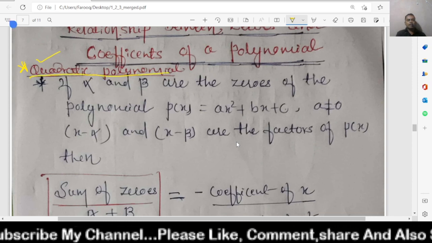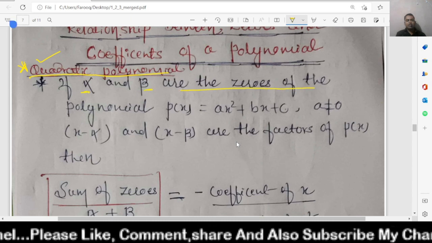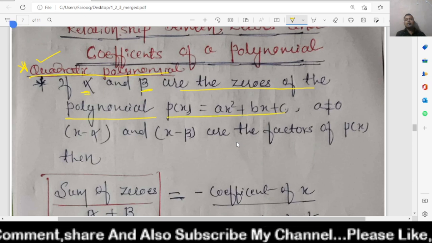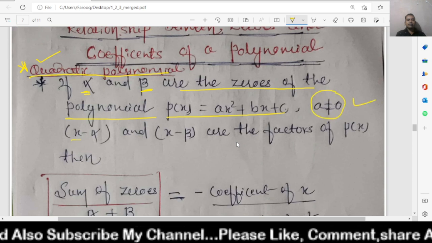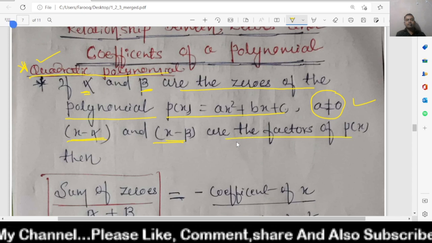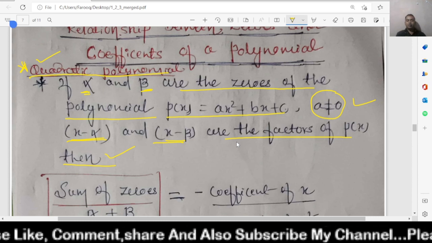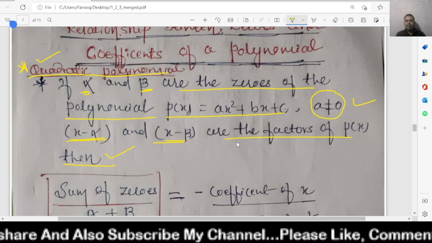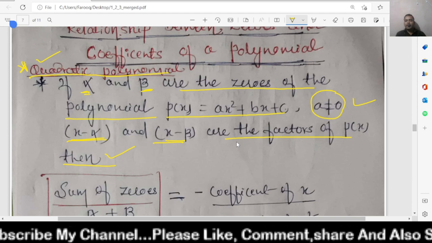Quadratic polynomial. If alpha and beta are the zeros of the polynomial p(x) = ax² + bx + c, and a is not equal to 0, then x minus alpha and x minus beta are the factors of p(x).